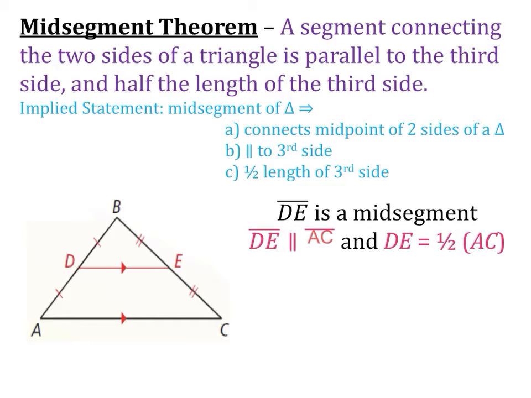So in our diagram here, we can say that segment DE is a midsegment of triangle ABC. Therefore, segment DE is parallel to segment AC, and segment DE is half the length of AC.